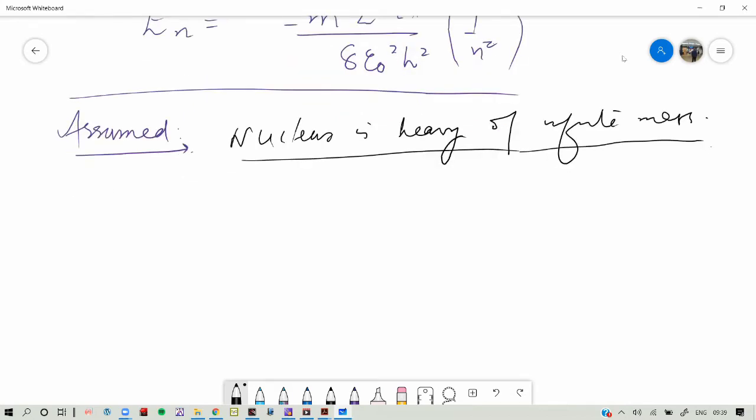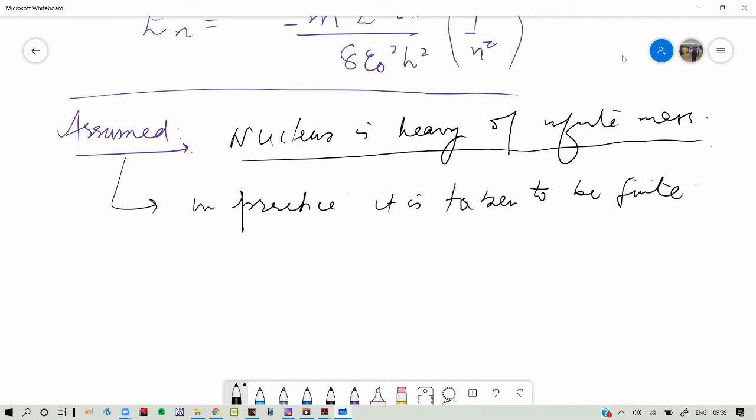In practice it is taken to be finite. So the nuclear mass is actually finite, and we take a finite nuclear mass and approximate the above equation.